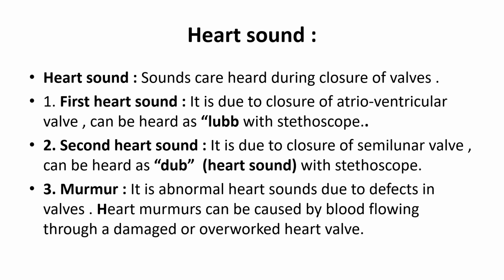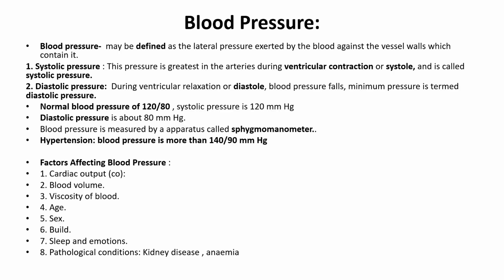The second heart sound is due to closure of the semilunar valves, and it is heard as dub, D-U-B, with the stethoscope. When there are abnormal heart sounds due to defects in the valves, they are called murmurs. These heart murmurs can be caused by blood flowing through a damaged or overworked heart valve, and by listening to these murmurs or abnormal heart sounds, you can diagnose the disease of the heart.